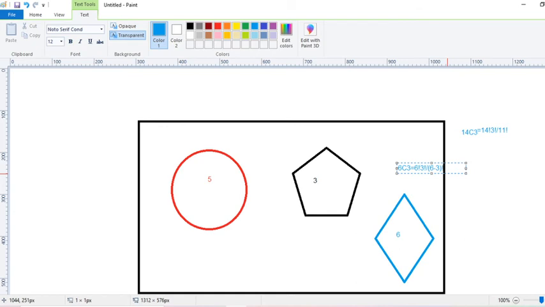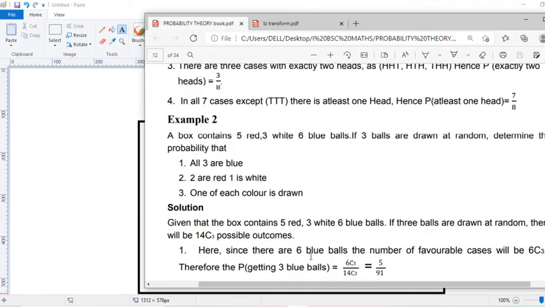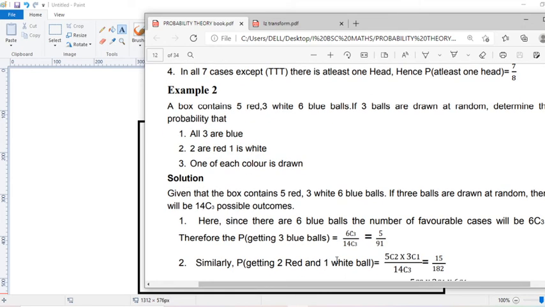This is the number of favorable cases. So what will be the probability? Number of favorable cases divided by total number of cases, that equals 6C3 divided by 14C3.